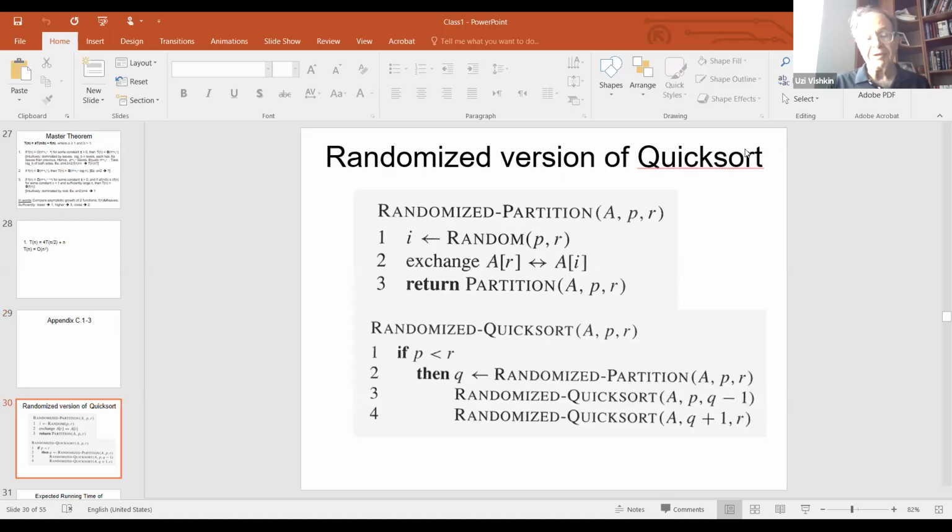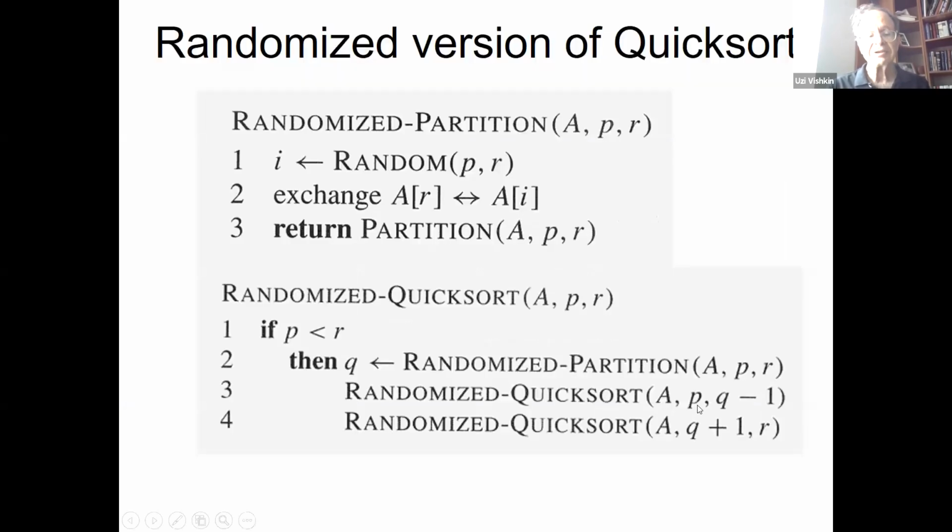Now we are going to advance to something which is really cool. So we learned already quicksort, but quicksort has something truly arbitrary about it, because quicksort is all about, if you remember, finding or declaring a pivot.